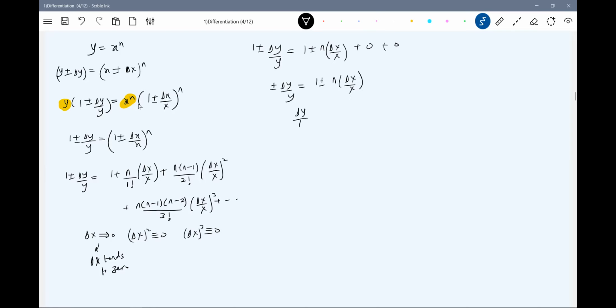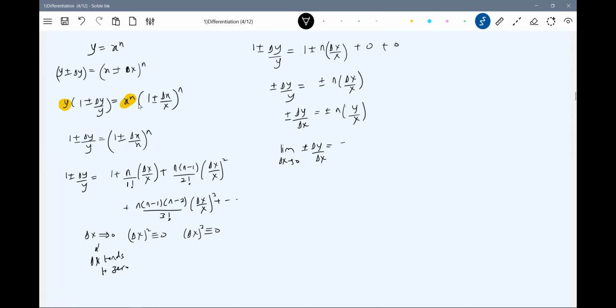So this will become delta y by delta x equals plus or minus n into y by x, limit delta x to 0, plus or minus delta y by delta x.